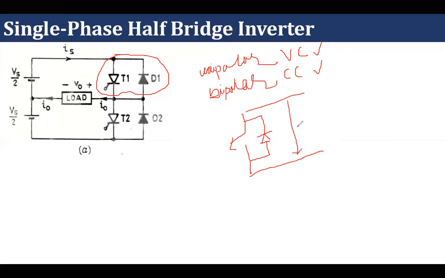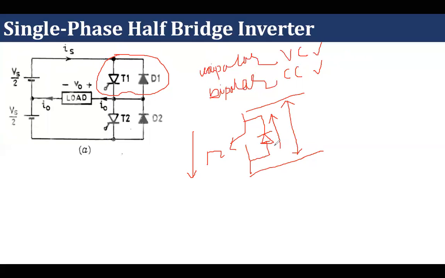Voltage is available, but it will not allow the current to pass. But whenever we turn on this device, it will allow flow of current in this direction. And when the current has to go in the opposite direction, this diode will provide the path. And in the opposite direction, we do not need to hold the voltage, and that's why we are simply using a diode.